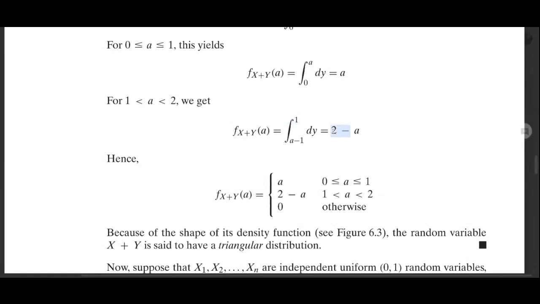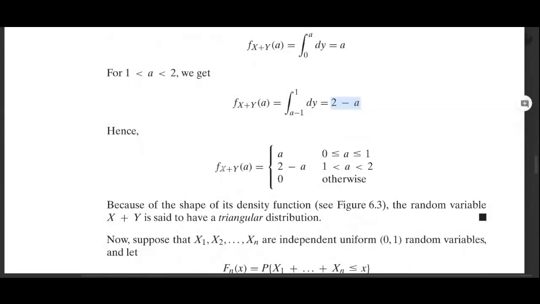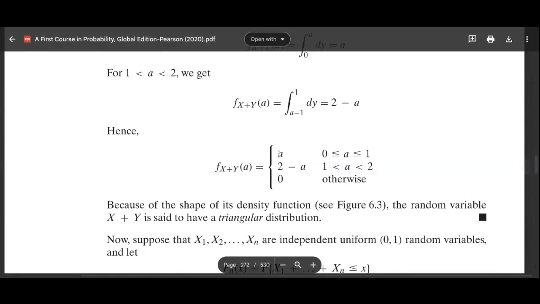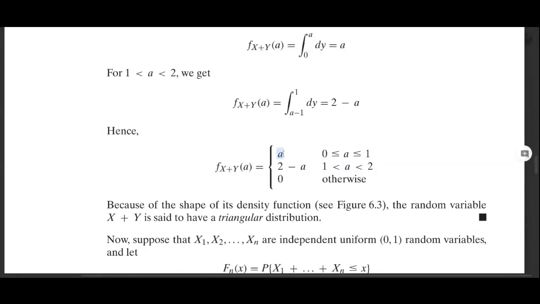Then that just equals 2 minus a. Hence we have this: X goes from 0 to 1 and Y goes from 0 to 1, so X plus Y can go from 0 to 2. If a goes from 0 to 1, we just get the identity function. If a goes from 1 to 2, we get this linear function, 2 minus a.